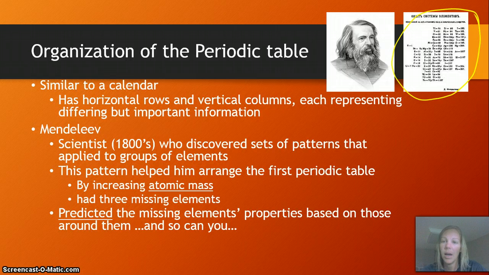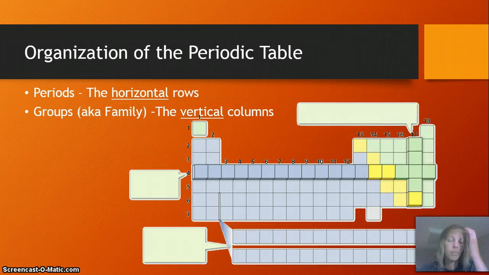And so he could tell that a missing element was very reactive based on the ones around it being very reactive, or it was a gas in its natural form because of the other elements listed close to it on the periodic table. You will also be able to kind of predict about elements that are around other elements based on their physical properties.